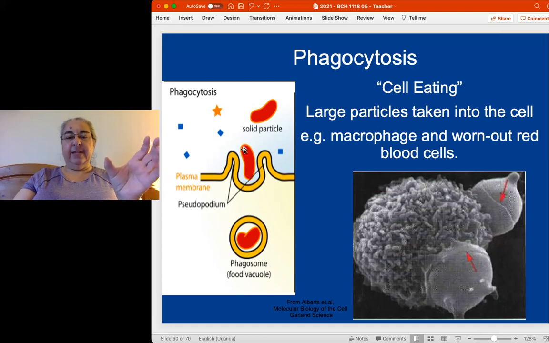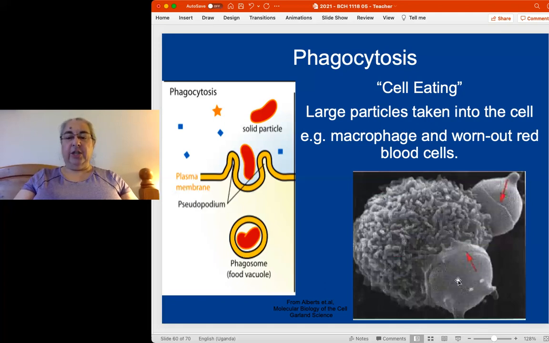Okay, so here is the solid particle, here is the cell membrane being pushed out in pseudopods, joining up on the other side and breaking off to form a food vacuole or a vesicle inside the cell, where it can be transported in the cell and dealt with.